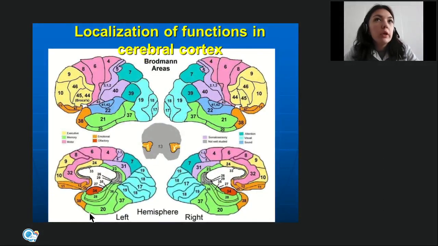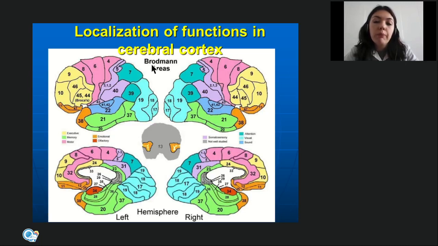And the whole cortex does not perform the same function. Each region of the cortex is responsible for its own functions. It was discovered by a neurologist, neuroanatomist, whose name was Brodmann.